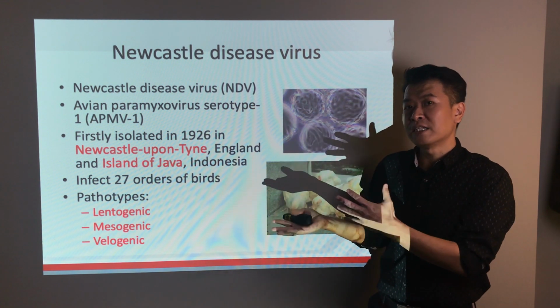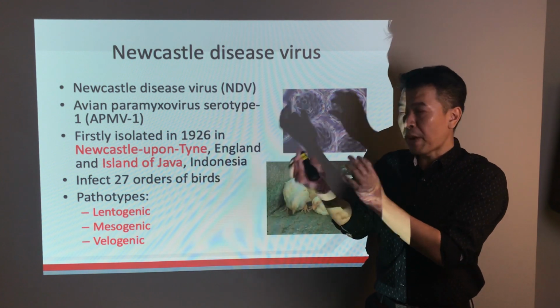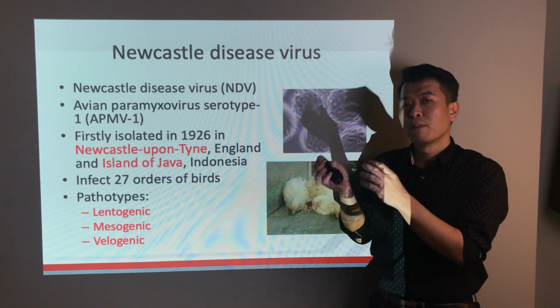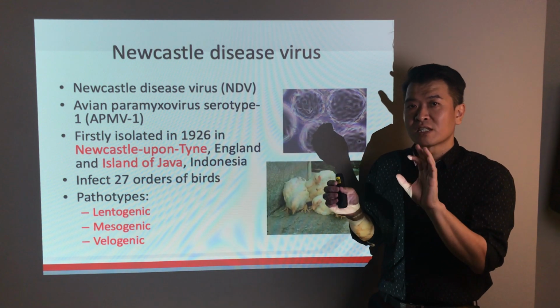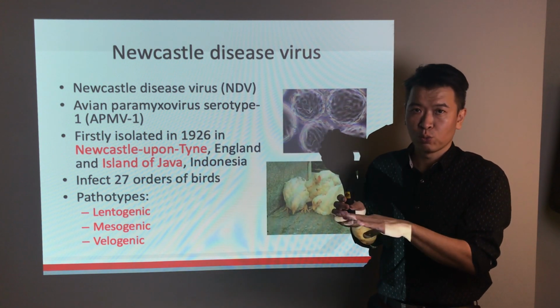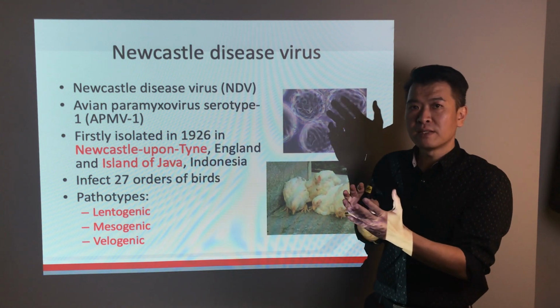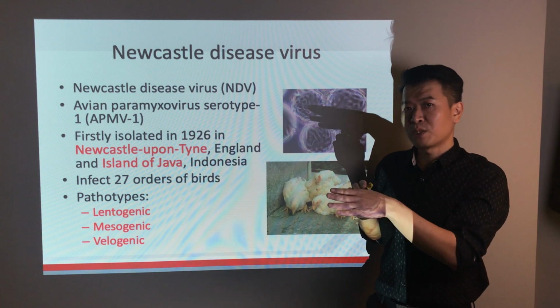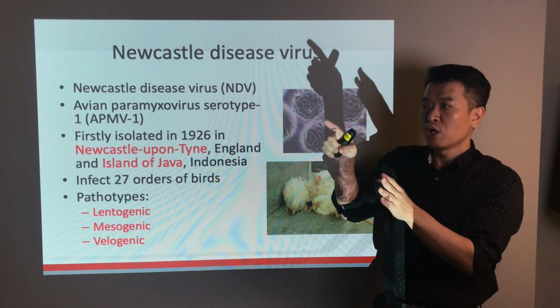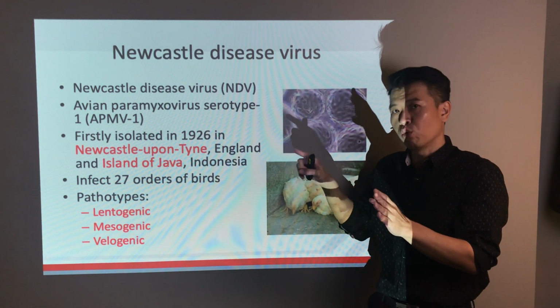COVID-19 is the disease. Okay, the pandemic is called COVID-19, but the virus that caused COVID-19 is called SARS-CoV-2. What it means is abbreviated for severe acute respiratory syndrome coronavirus 2.